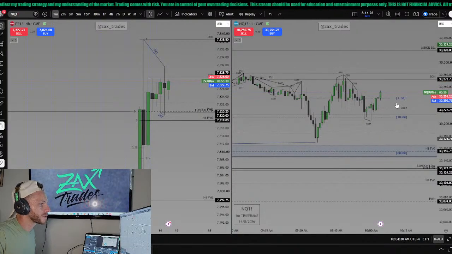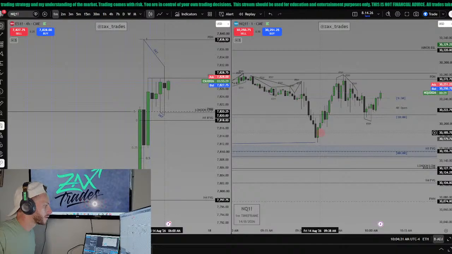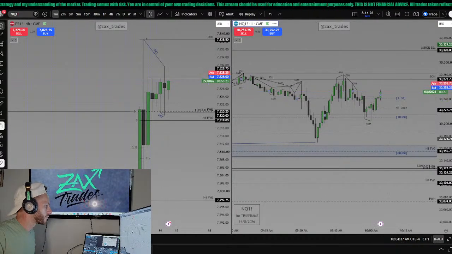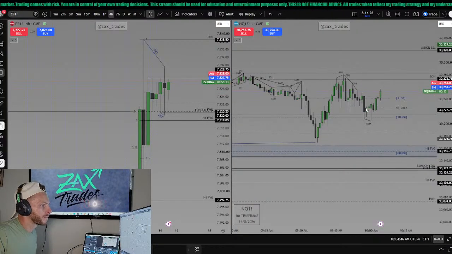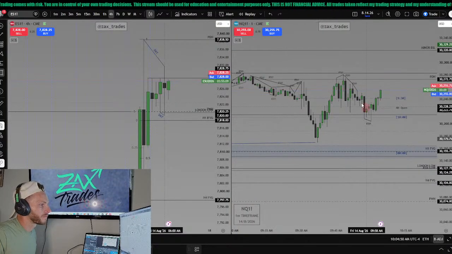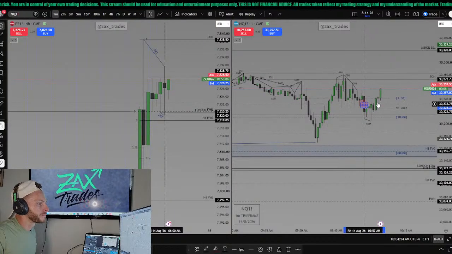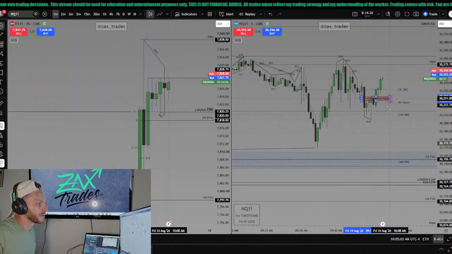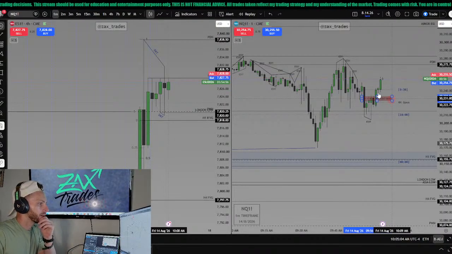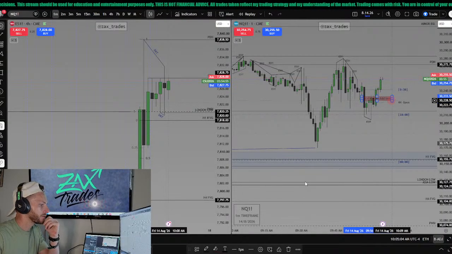Is looking pretty good. We just got an inverse here. And a nice retap, honestly. Now that I'm looking at it, that next 1 minute candle retapped.